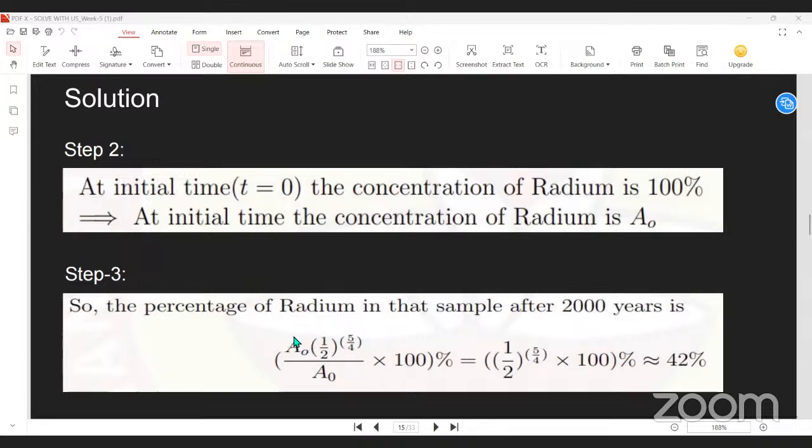So A naught 1 by 2 to the power 5 by 4 is the concentration of radium after 2000 year, right? And that was the initial, so we can solve using this.